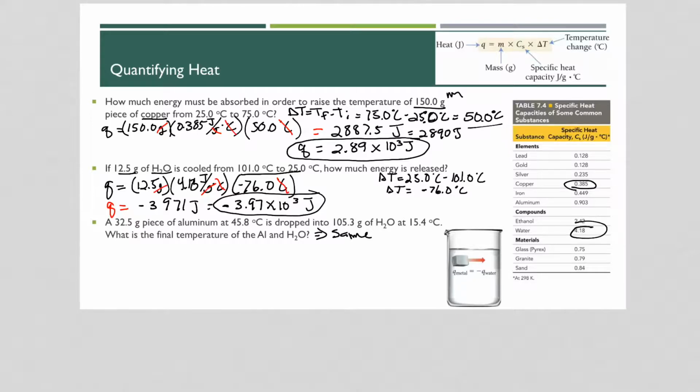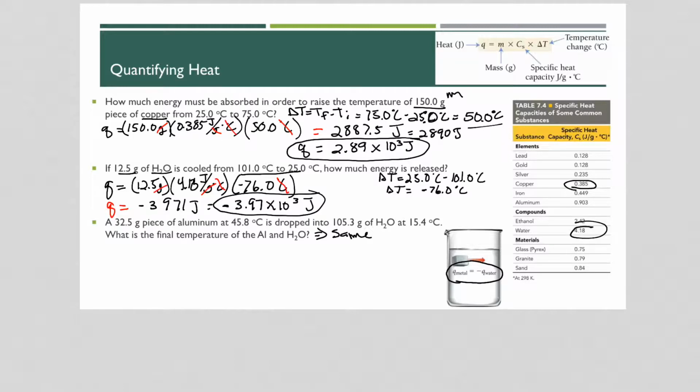We're trying to find the T. We don't know the Q. We know the mass, we know the specific heats, but we don't know the Q. But what we do know is that the Q of the metal must equal the negative Q of the water, right? So we can use this relationship.